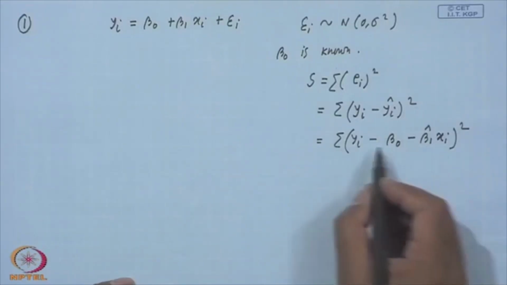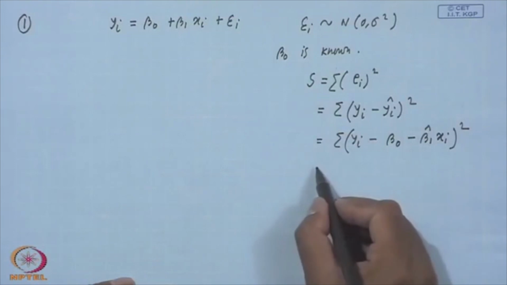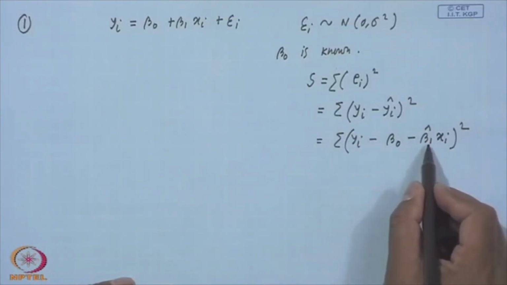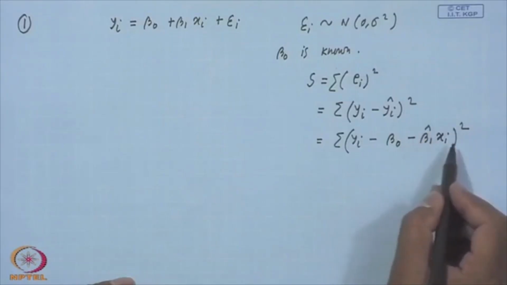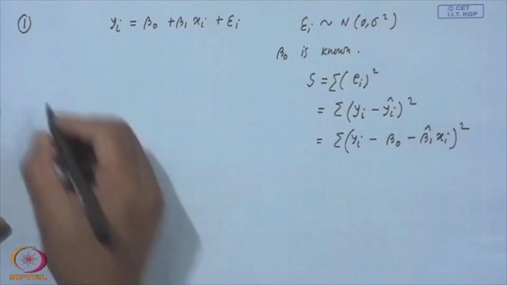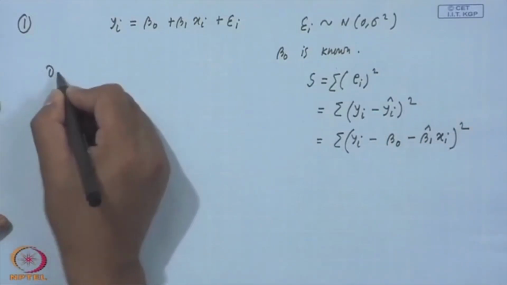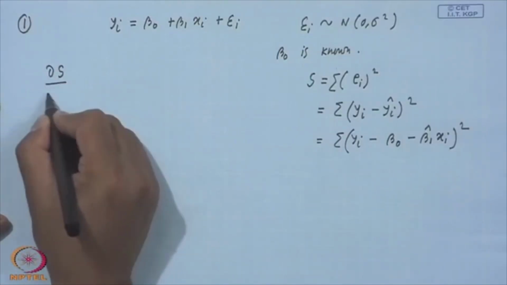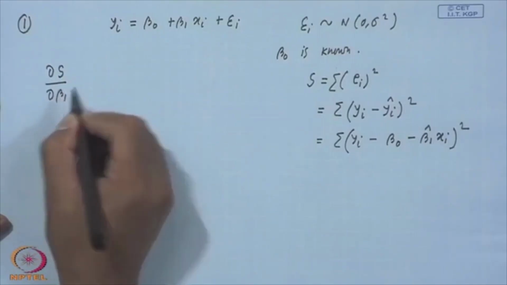And then this is the least square function, and then you find beta 1 hat in such a way that this is minimum. Okay. So, we have to differentiate this least square function with respect to beta 1.